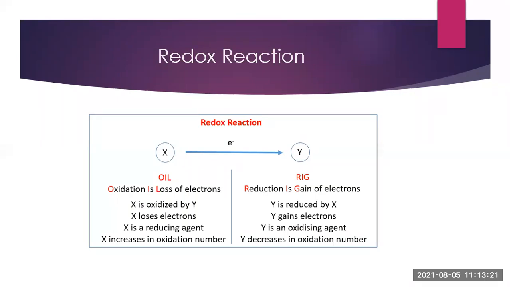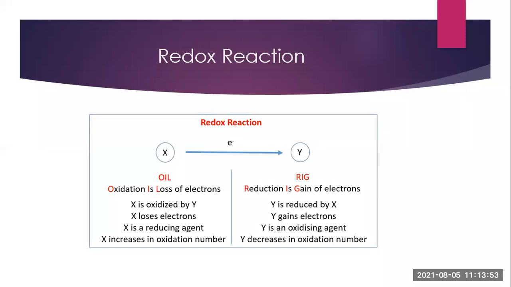Here OIL is given: O stands for oxidation, I stands for is, and L stands for loss of electrons. And RIG stands for reduction is gain of electrons. So in oxidation, loss of electrons will take place. That's why X is losing its electron, and in the arrow the electron is shown.